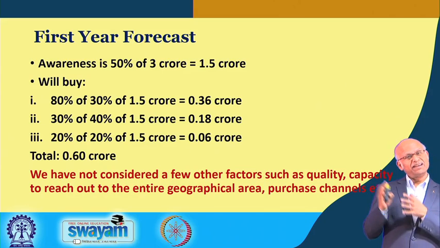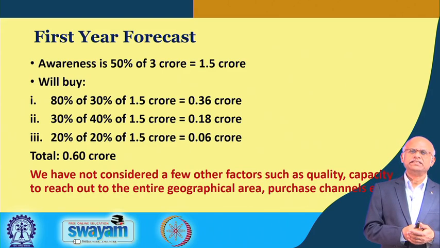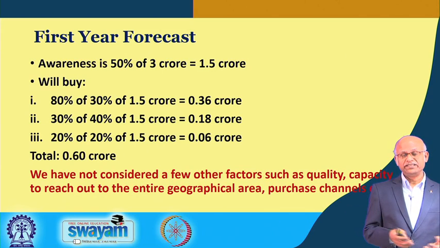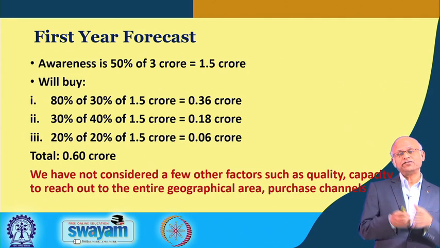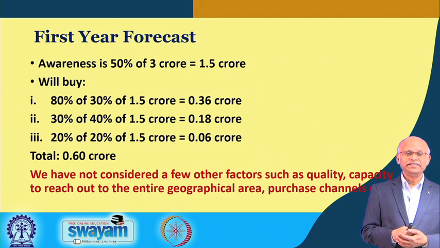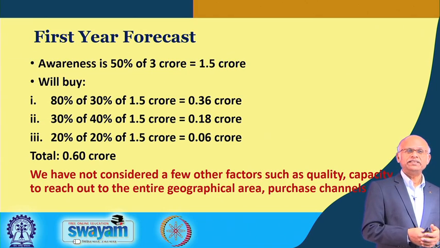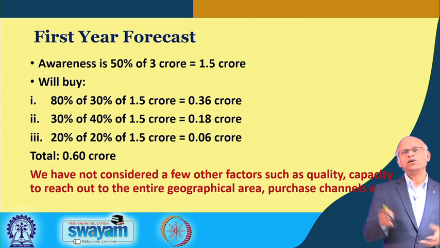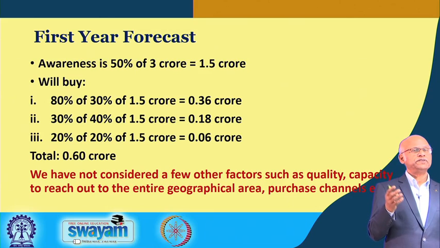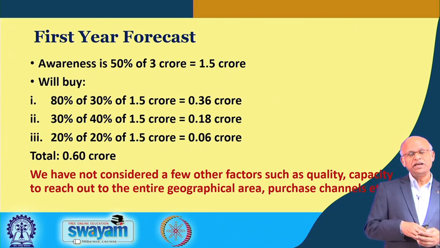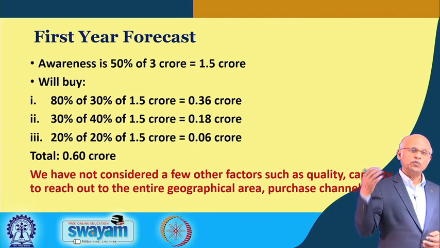Still, there are other factors that we have not considered, factors like quality. You may have a very poor quality, okay type quality, average quality, or wonderful quality. If it is average quality, your 80% will come down to something else. So, quality will be another factor, maybe 90% of the people will buy average quality, maybe 100% will buy wonderful quality.